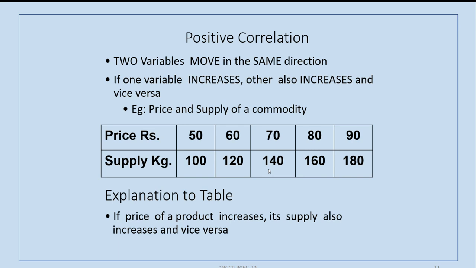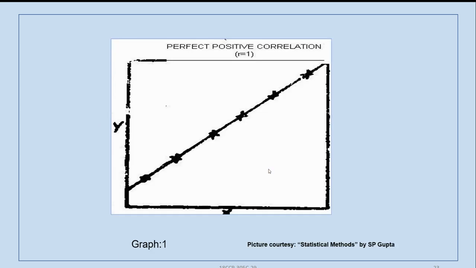If the price of a product increases, its supply also increases, or its supply decreases. If it increases, positive correlation; decreases, negative correlation. You can understand by this, this is linear correlation or positive correlation.